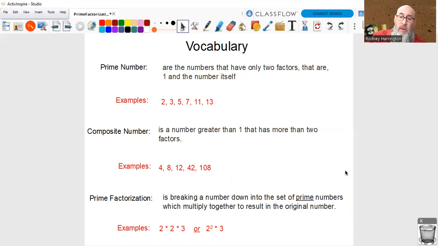For example, we have 12. 2 times 2 times 3 is the prime factorization of 12. And we can also rewrite those as an exponent statement: 2 to the power of 2 times 3, or 2 squared times 3, is also going to equal 12.